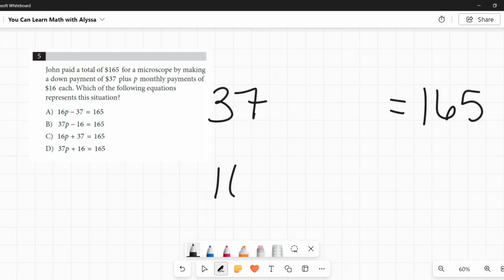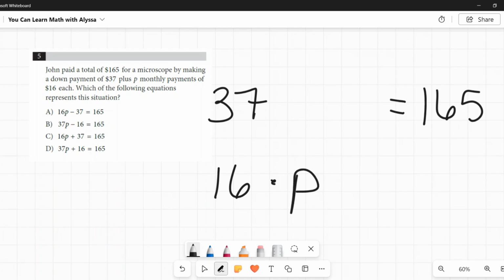If I paid $16 for 4 months, how would I find out the total amount I paid? I would say 16 times 4. If I paid $16 for 7 months, my total would be 16 times 7. If I did it for 10 months, it would be 16 times 10. So I'm multiplying by the number of months, how many payments I made.